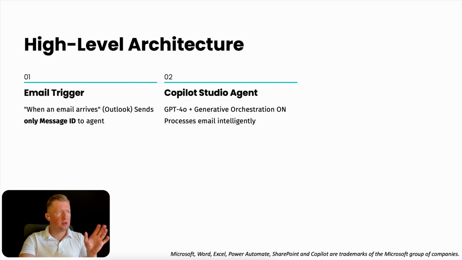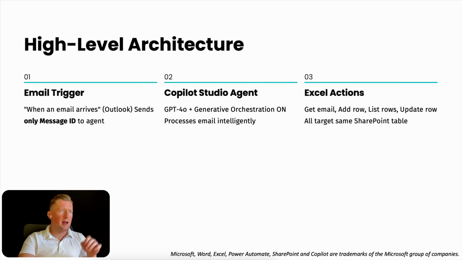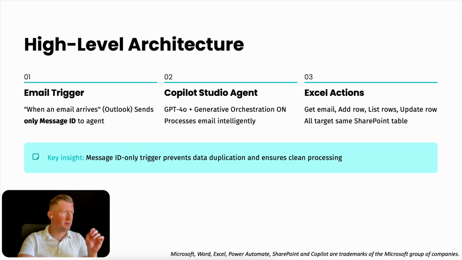Then we have the agent, generative orchestration on GPT-4o, and actions, which are the get email action and tool attached to this agent, then the add row, list rows, and update row tools, and also actions within the topics, and they will target the same one online Excel table, which is our database.